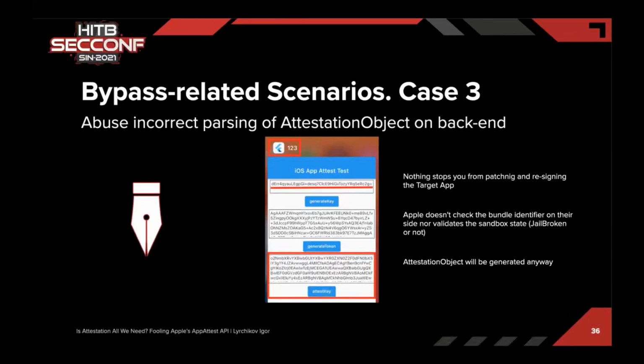And yeah, it will be assembled with wrong values to your backend, but at least it still remains valid in terms of its format and Apple's signature in it. So if you parse it right, it won't be valid on your backend.